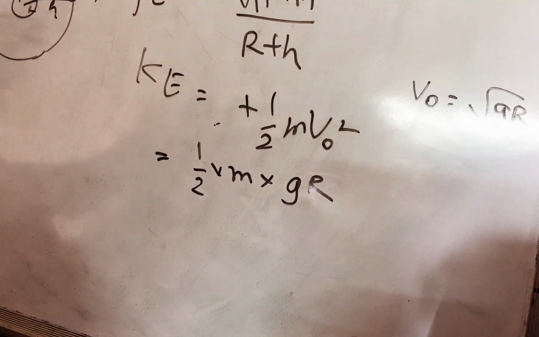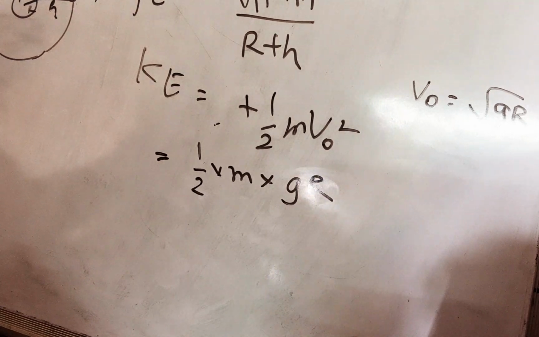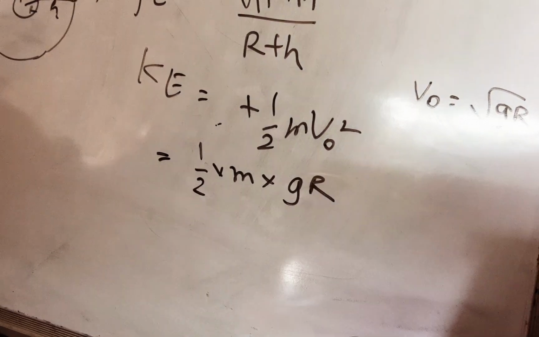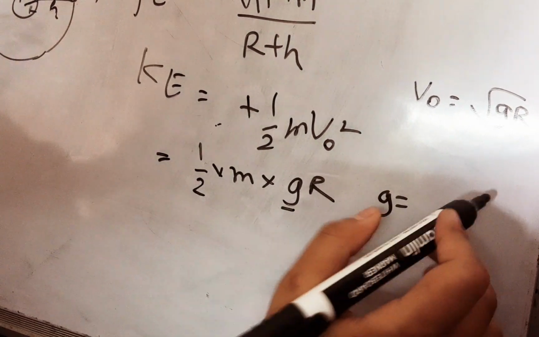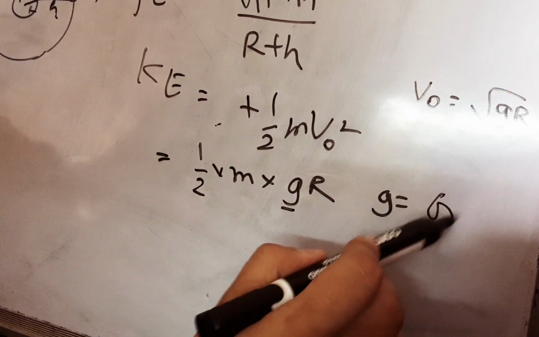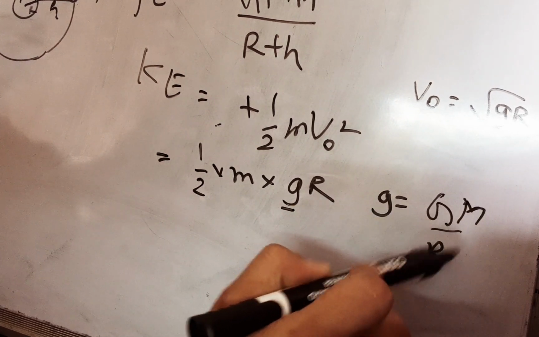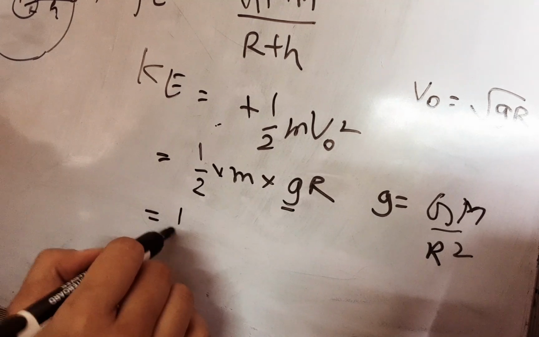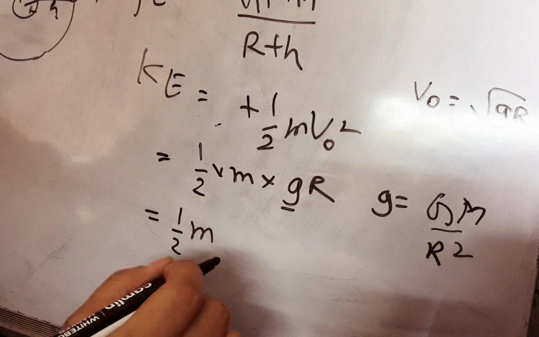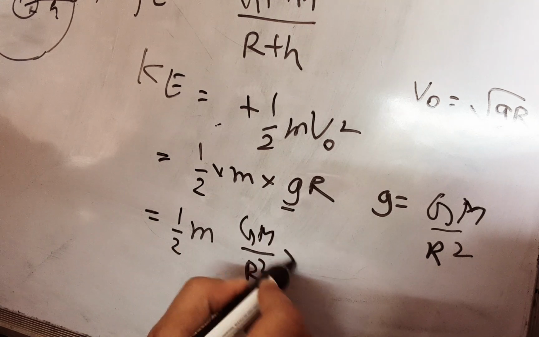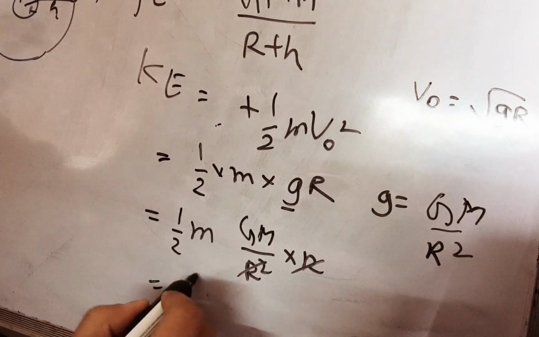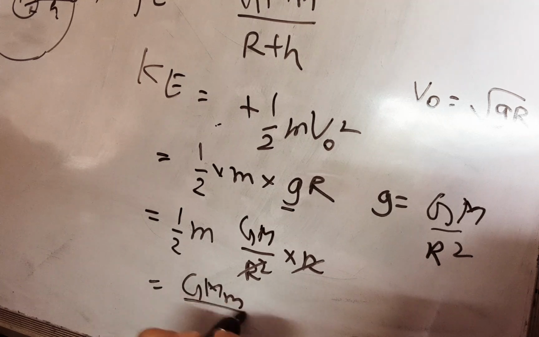Now, g is equal to GM upon R square. We know that, right? So we write half into m into GM upon R square into R, which gets cancelled, giving GMm upon 2R.